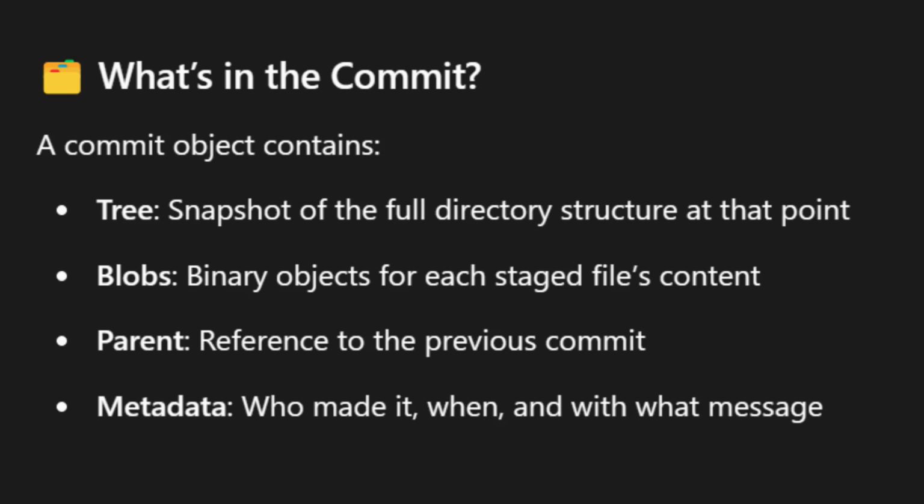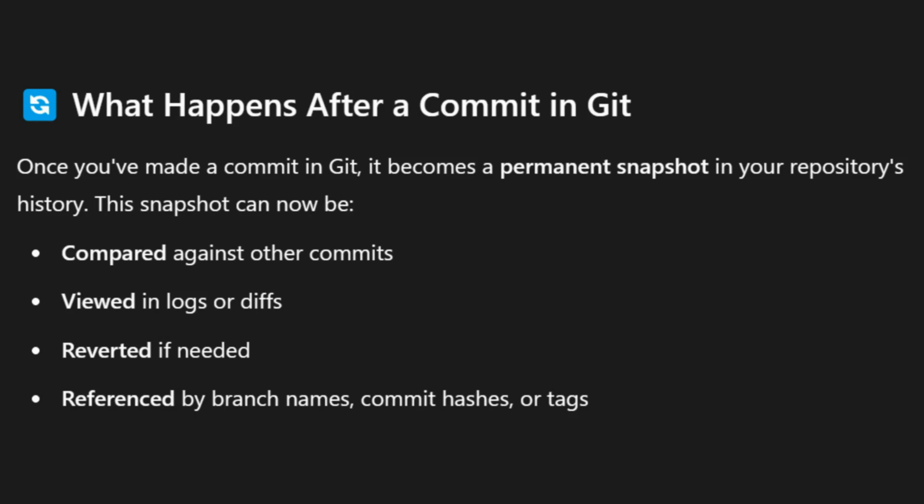A commit is like a checkpoint. It includes the exact state of the staged files, a unique commit ID, a SHA-1 hash, for example, a commit message that explains what was done, and metadata, such as author, timestamp, and parent commits. Once committed, those changes become part of the project's permanent history.